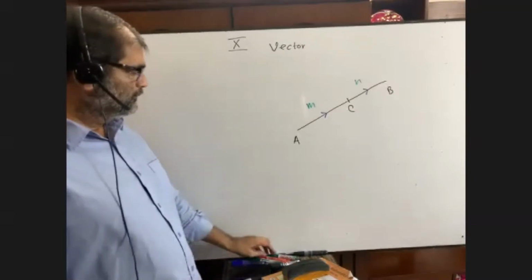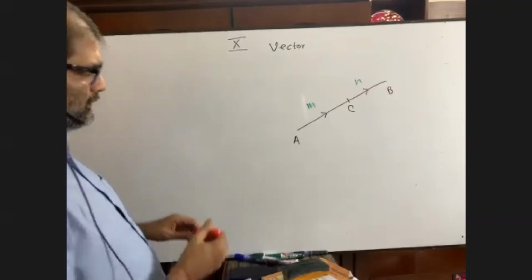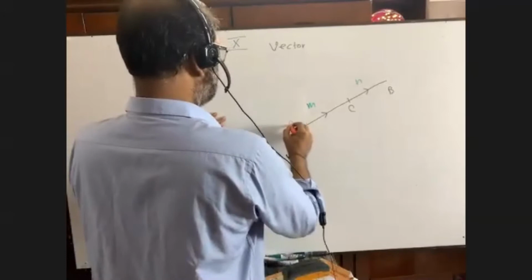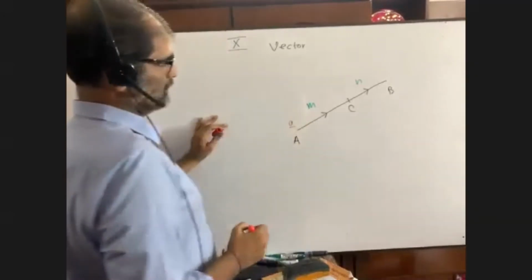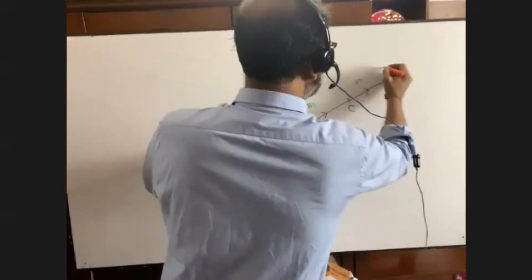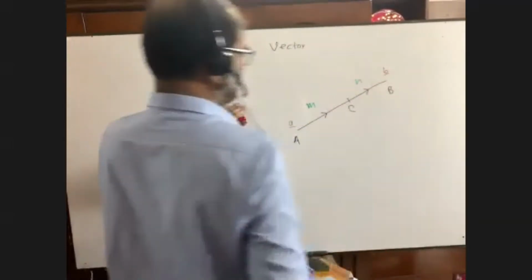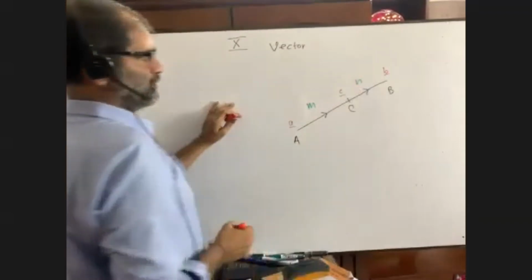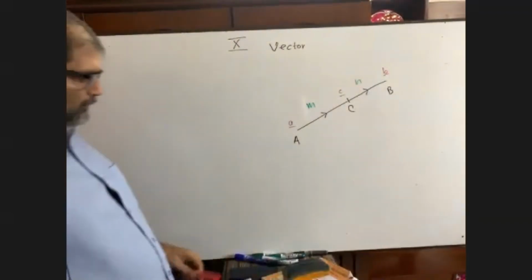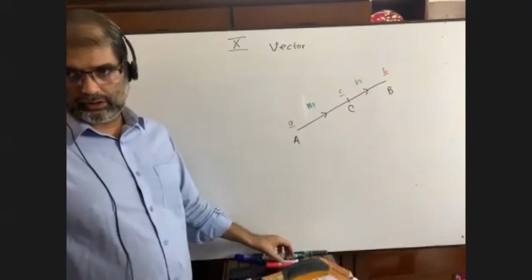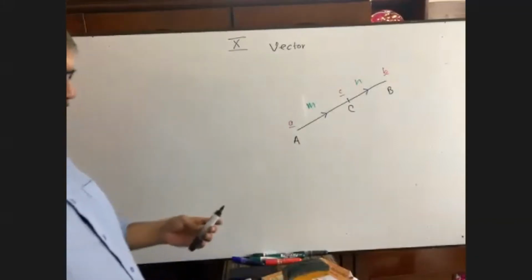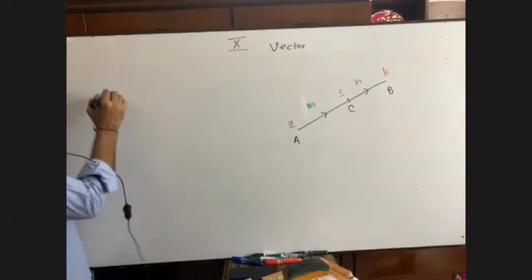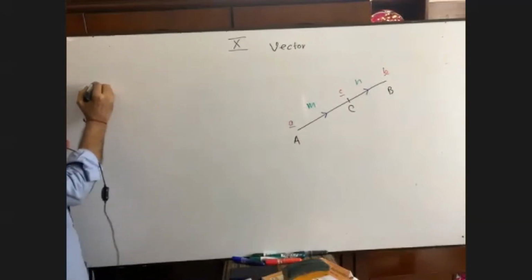And here we are given, position vector of A is A, position vector of B is B, and position vector of C is C. Please try to understand. It is an important proof. Please pay attention. The straight line AB.